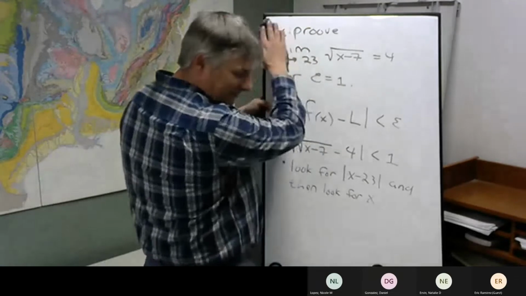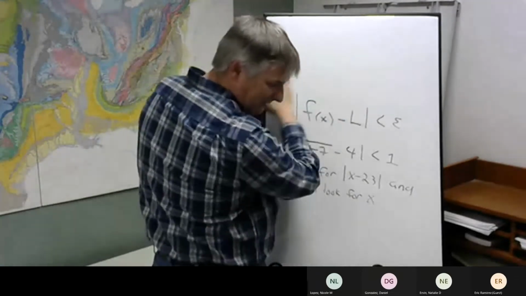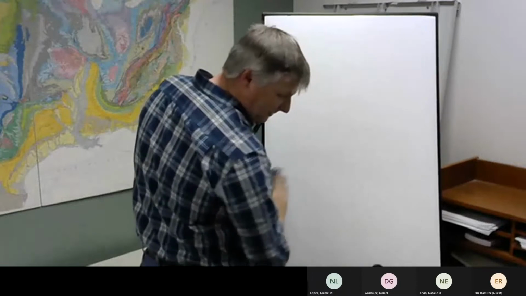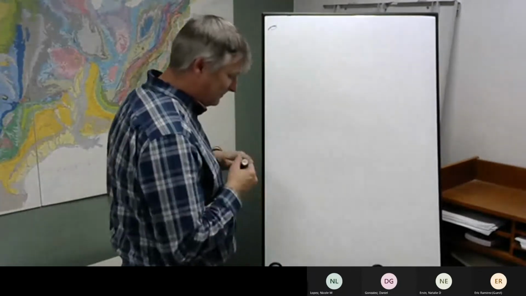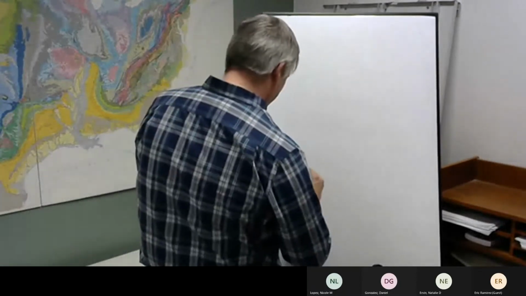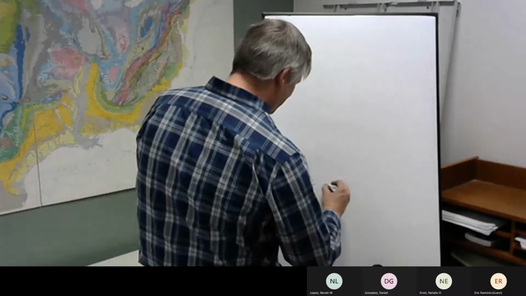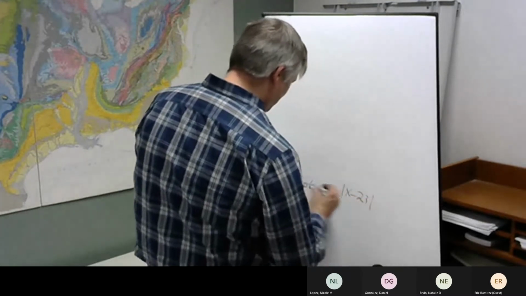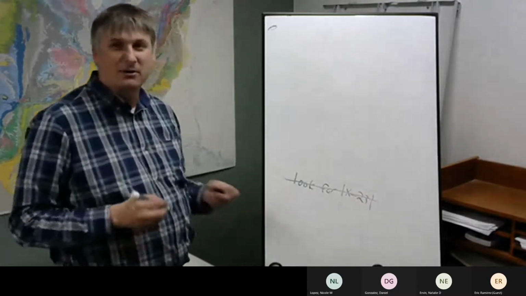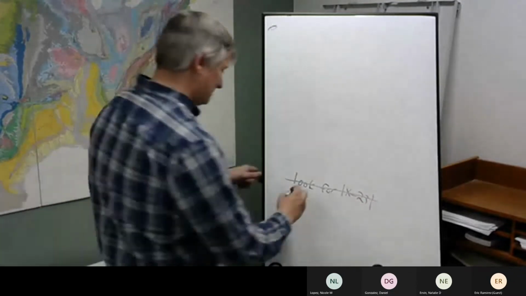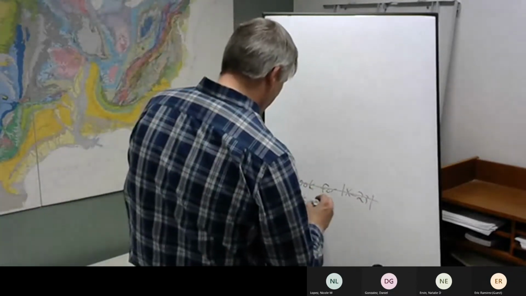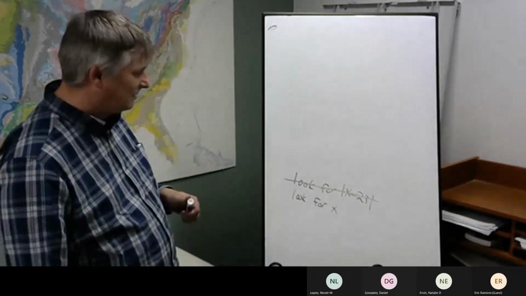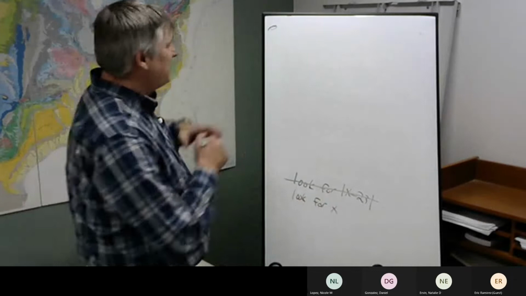In fact, you don't have to look for x minus 23. You can cross this out. You cross that part out. We're just going to look for x. So we're starting with this.